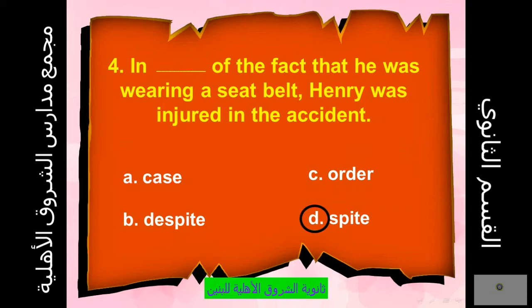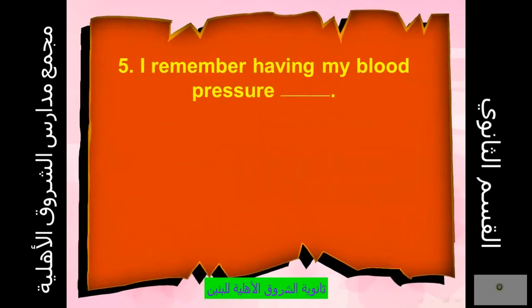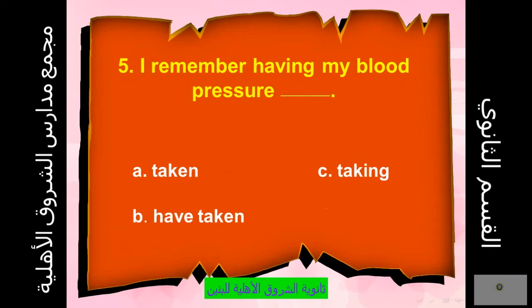Question number 5. I remember having my blood pressure taken, have taken, taking, or took. The right answer here is taken, because it's a kind of causative form, as we have said, by using the verb to have, then the object and the past participle.